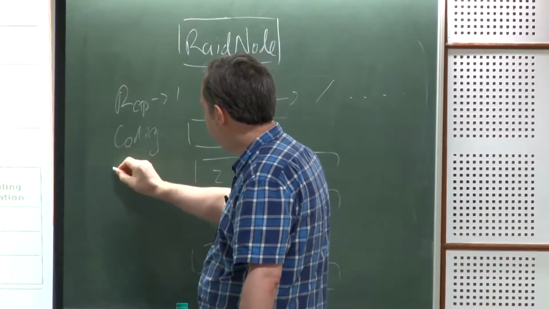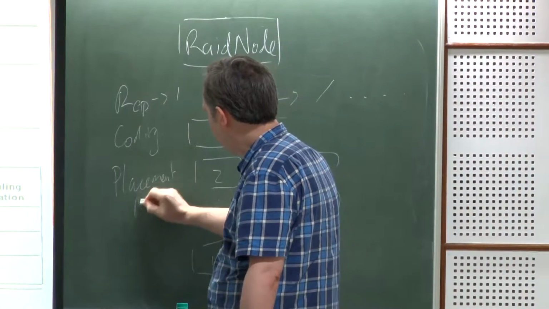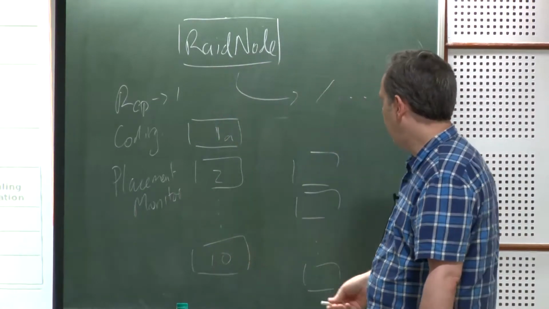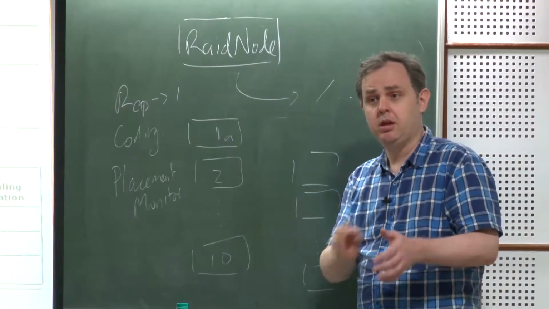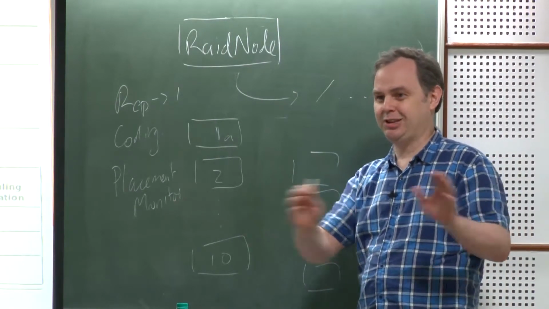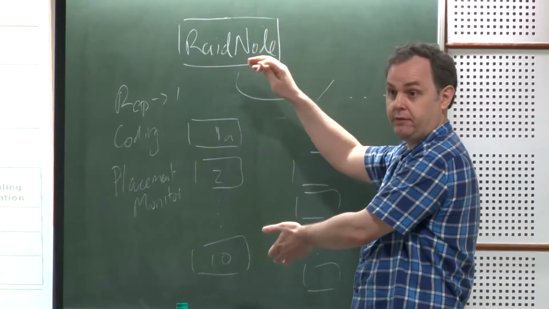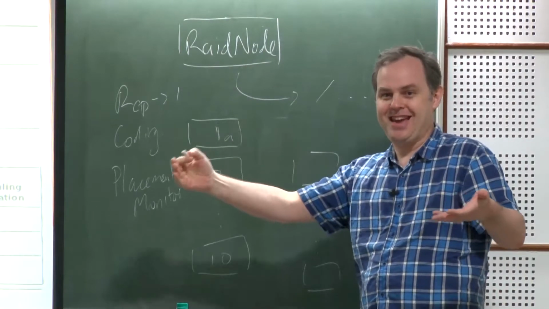And then there's something called a placement monitor. The placement monitor is constantly getting a histogram of the blocks placed over the data nodes for each of the raided files. So it's really finding where they are.